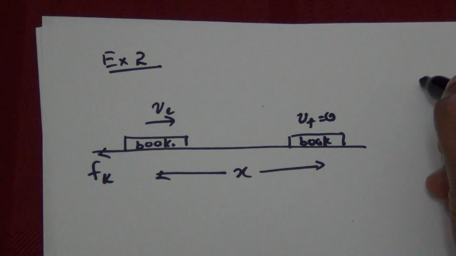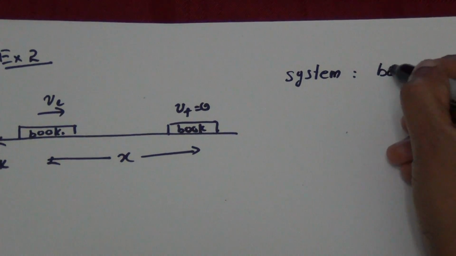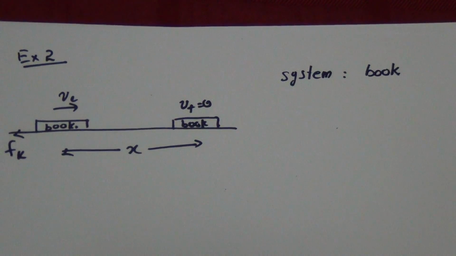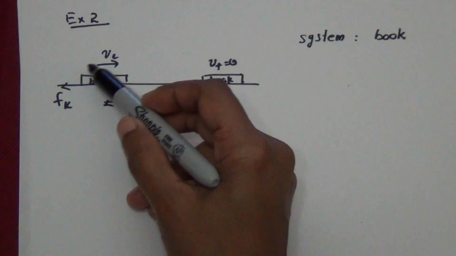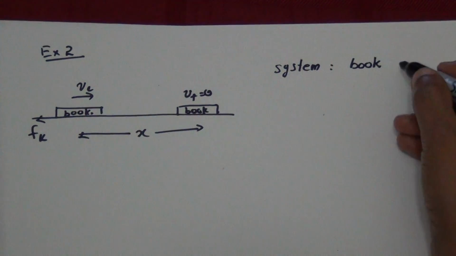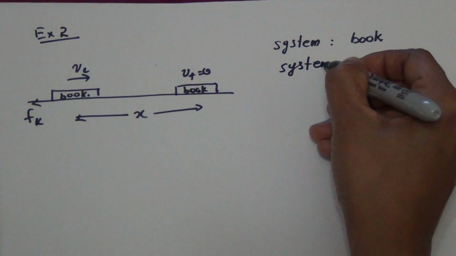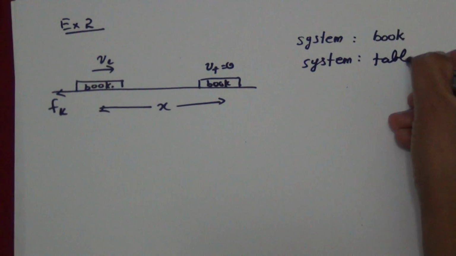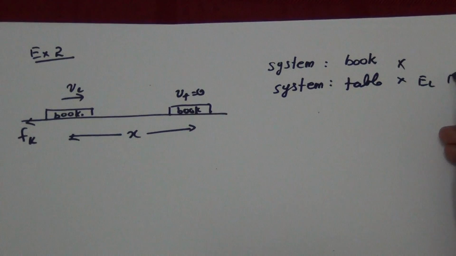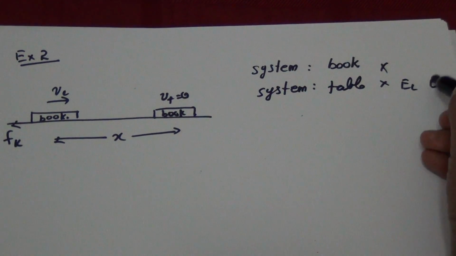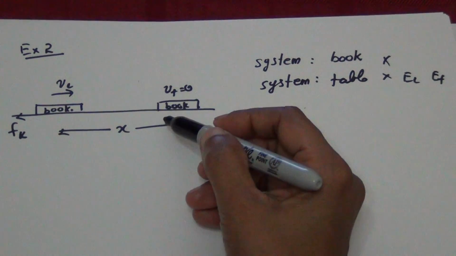When you take the system as just the book, and you measure the initial and final energy of the book, definitely it's not going to be equal. Then take the system as just the table, right? Even now, when you measure the initial and final, it is not going to be equal because we are not measuring the temperature.